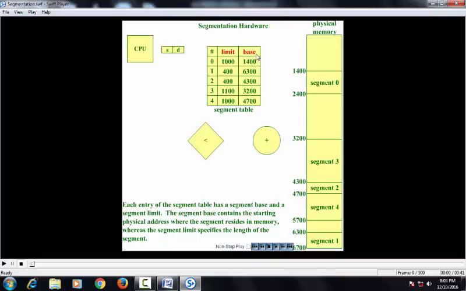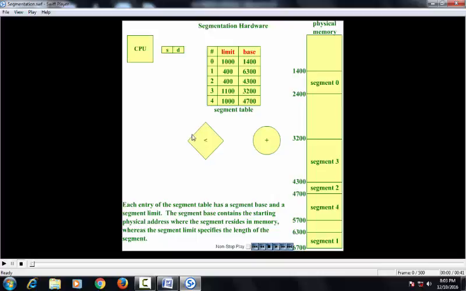Right. There are some conditions we must check before translating the address. If the condition is true, then we go to the physical address. That means the translation of the address will be successful. Maybe the condition is false. At condition false, we will not translate the logical address to physical address.